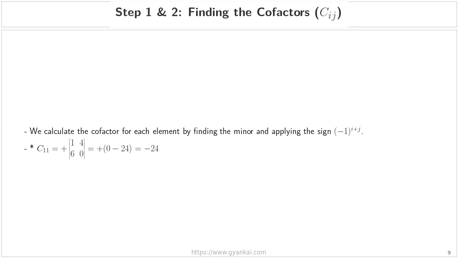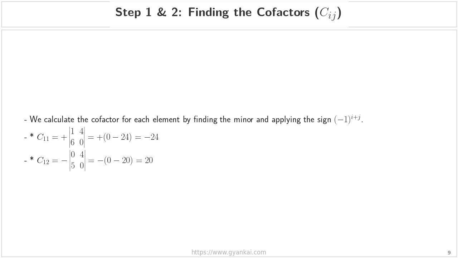For the element in the first row, first column, we call this C11. We take the determinant of the 2x2 matrix with 1, 4, 6, and 0. That gives us 0 minus 24, which results in -24. Moving to the second element, C12, remember our checkerboard pattern tells us this one gets a negative sign.